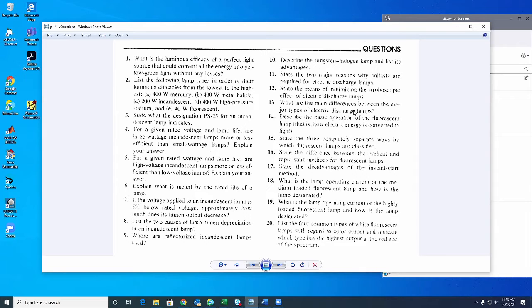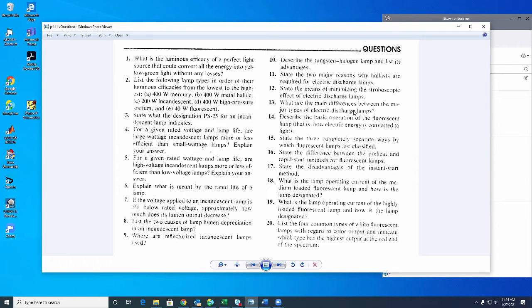So then that may help the lamp. However, the voltage cannot be increased very much because of the insulation problem within the lamp. Okay, so you can read and look at the answer to these questions.